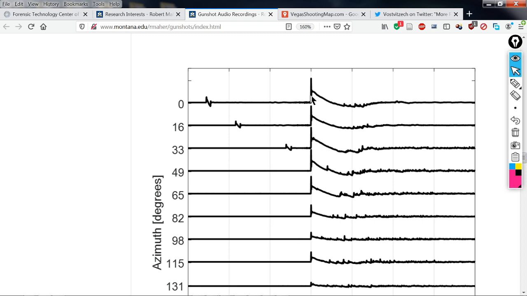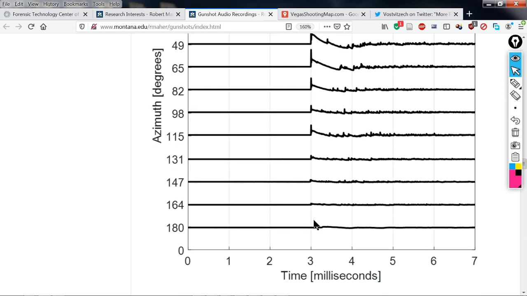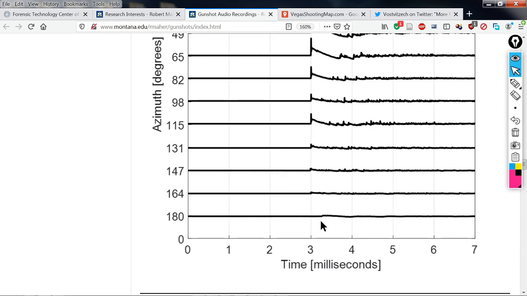But once again, as you increase the angle, there's a point at which the shockwave arrives at the same time as the muzzle blast, and remains that way for the remainder of the angles, and both the shockwave and the muzzle signal degrade down into nothing when you're directly behind the gun.